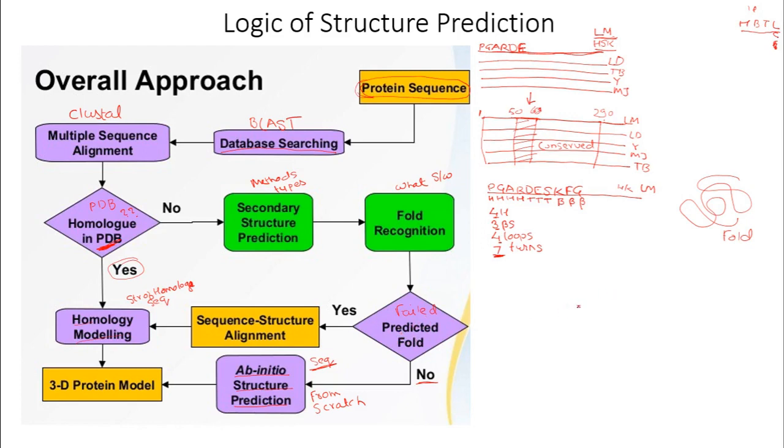Okay, so what do we have now? We have the sequence and we have a fold that we have recognized. Since we have a structure available that can be used as a template now, and you already have the sequence, you end up with the same situation as before.